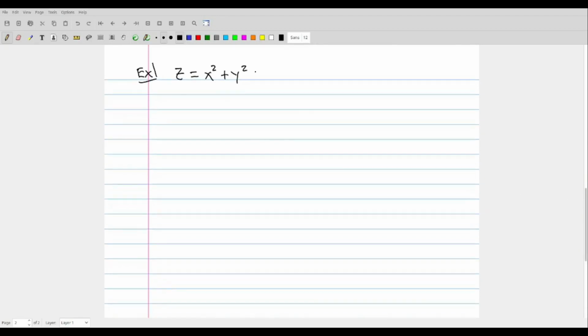Now if you type this into Geogebra, it'll actually give you the surface that is represented by this relationship. This relationship is saying that we want all points x, y, and z, where z is equal to the function x squared plus y squared. So f of x, y here is the function of two variables, x squared plus y squared.